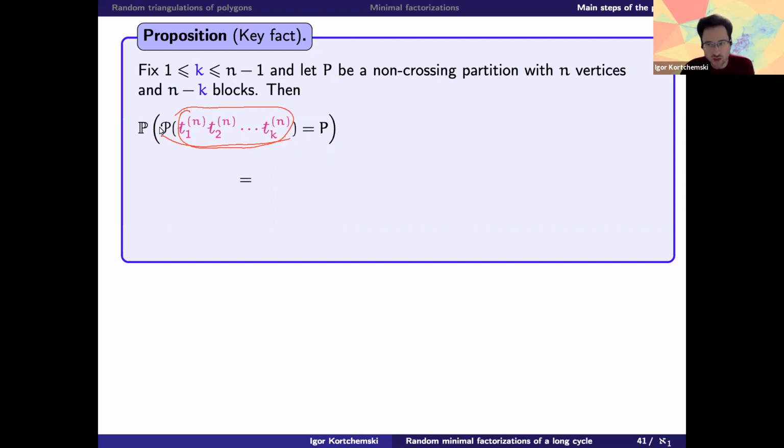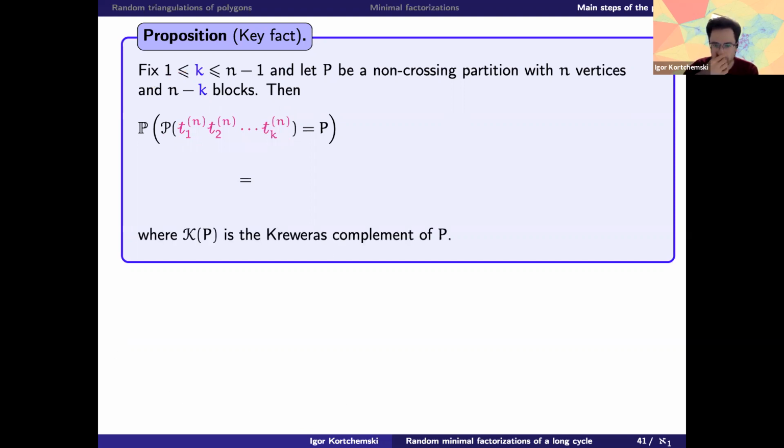This is a permutation. We factor it in the product of cycles, and cycles give blocks. And these blocks are non-crossing. They form a non-crossing partition. And here we take a non-crossing partition with n minus k blocks, because when we read k transpositions, we always get n minus k blocks for the non-crossing partition.